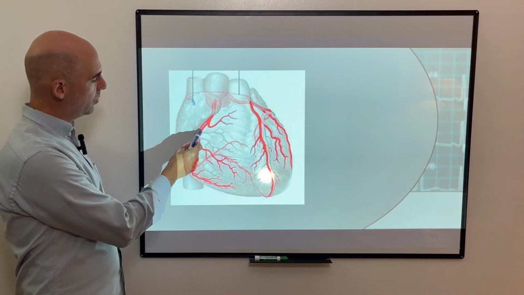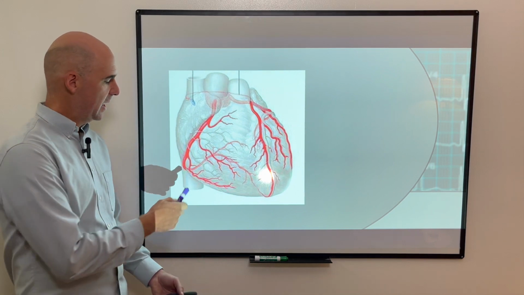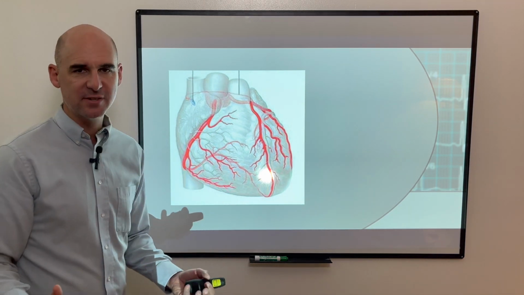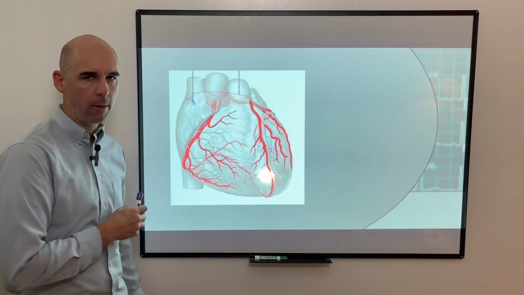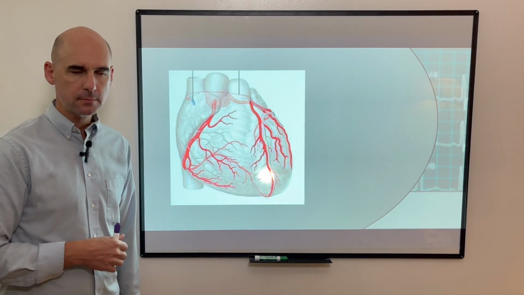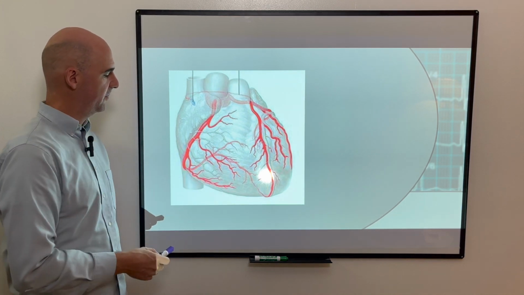As this right coronary artery continues along, it actually leaves the right side of the heart, and it's going to now perfuse the left side of the heart, and specifically the inferior wall of the left ventricle. So it wraps around and gets that inferior wall of the left ventricle.